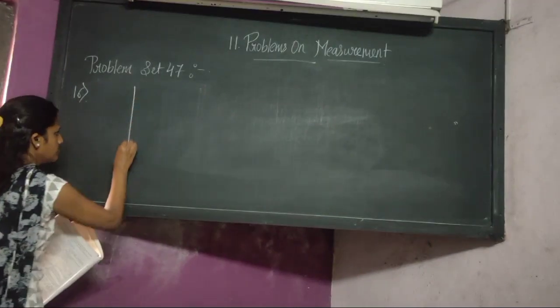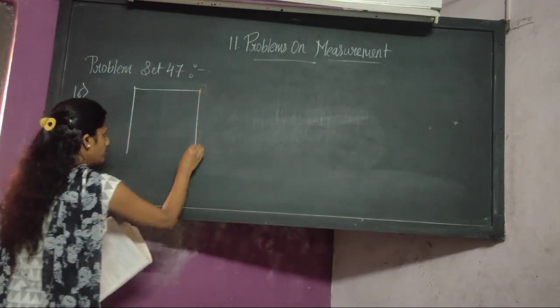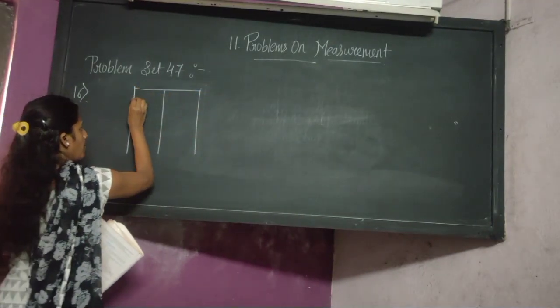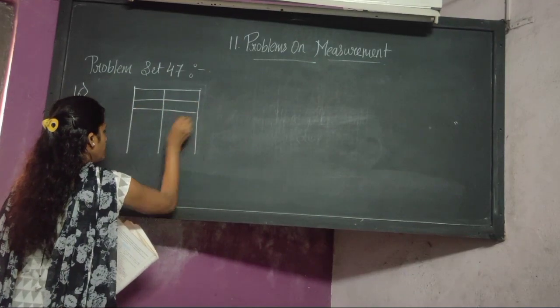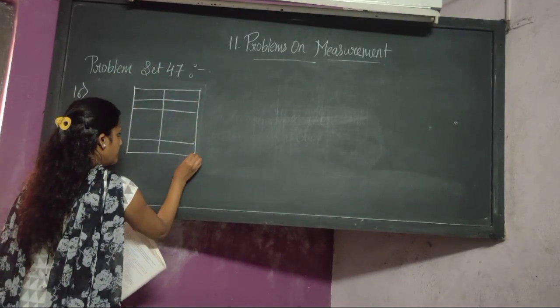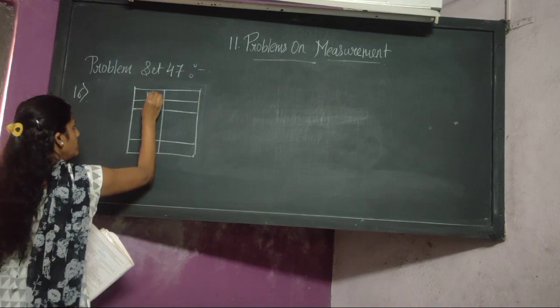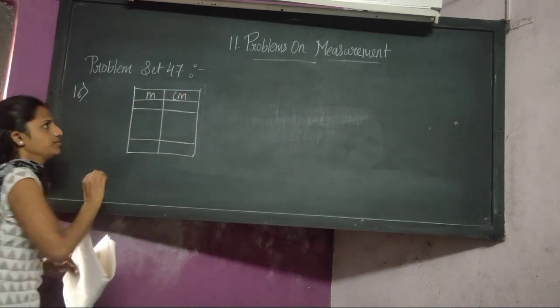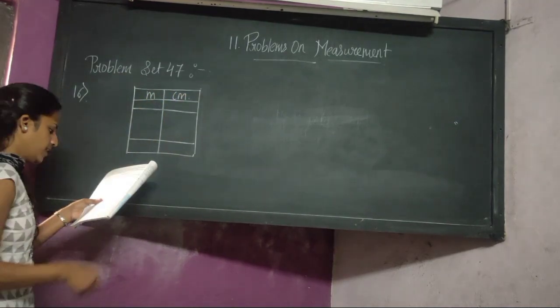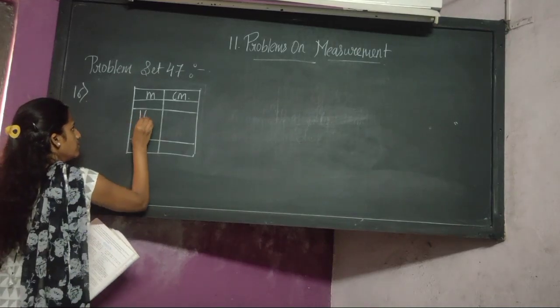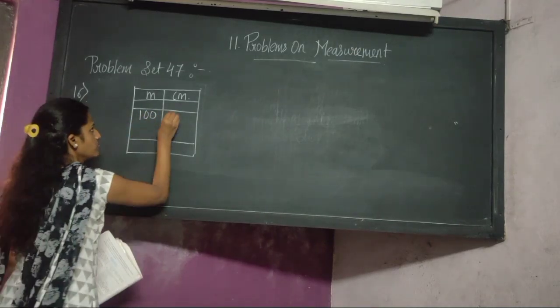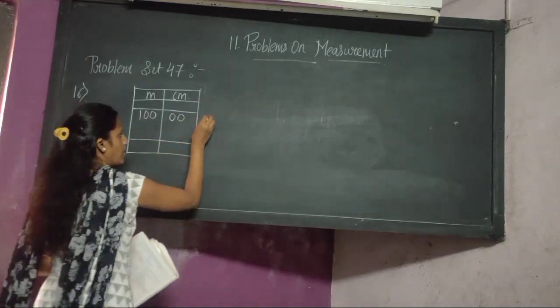Let's find out. First of all, draw a table. Here the units are meter and centimeter. Just write down that meter and centimeter. The total distance is 100 meter. The centimeter is not given, so we will take 0 here.